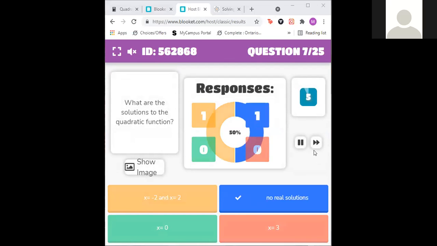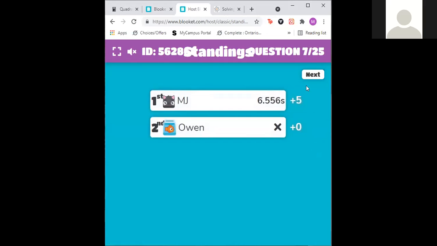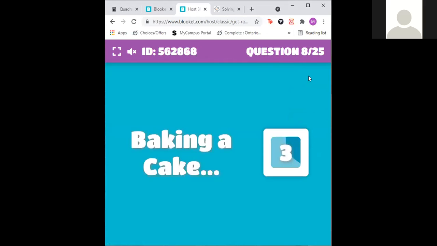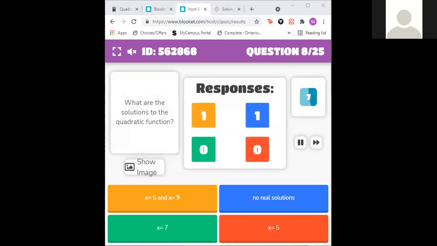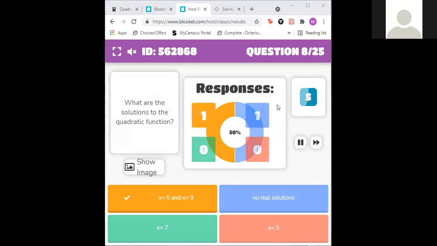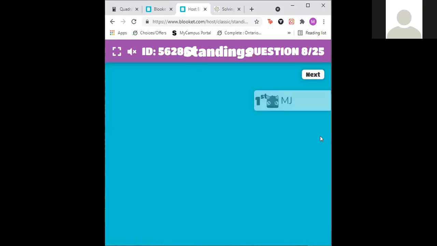So no real solutions because y doesn't equal 0. Okay. So x equals 5 and x equals 9 because y would be 0 for both. Yeah.